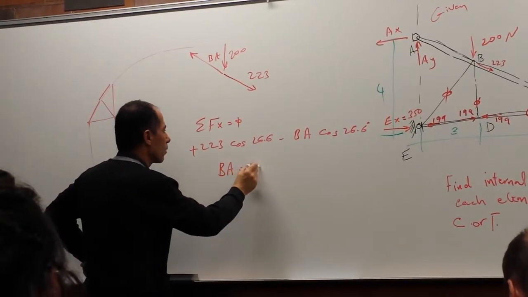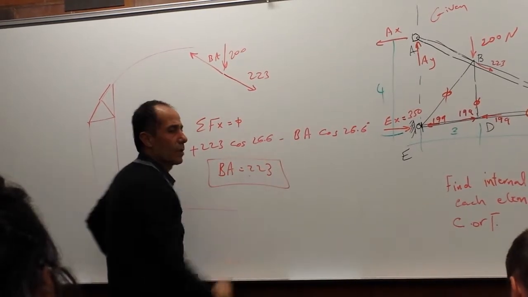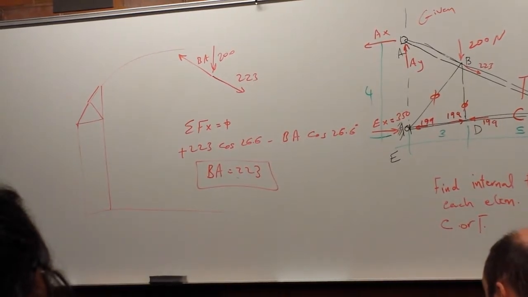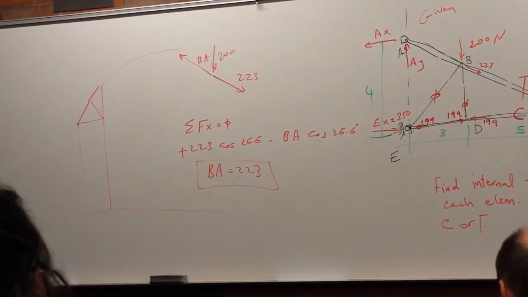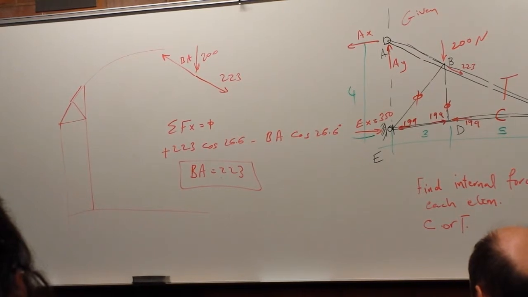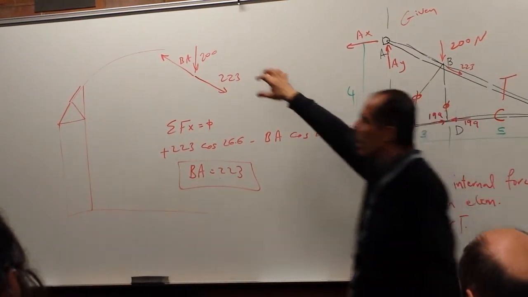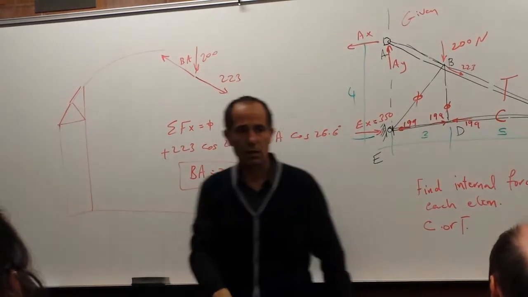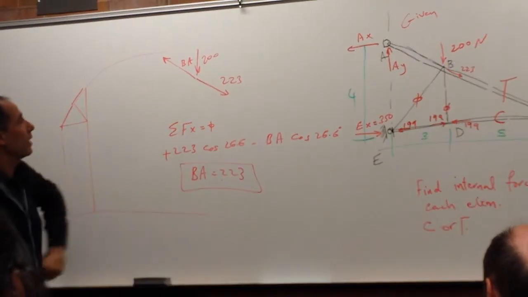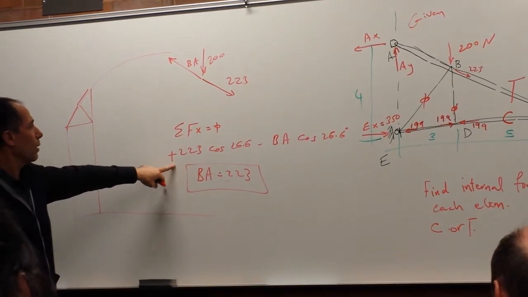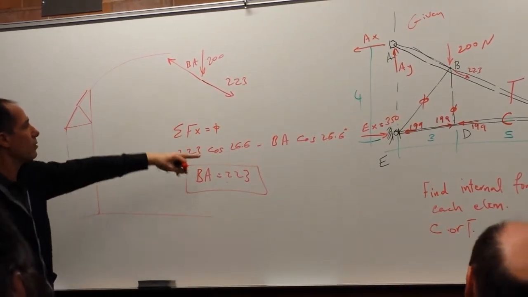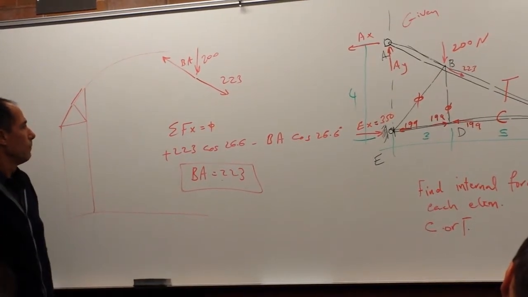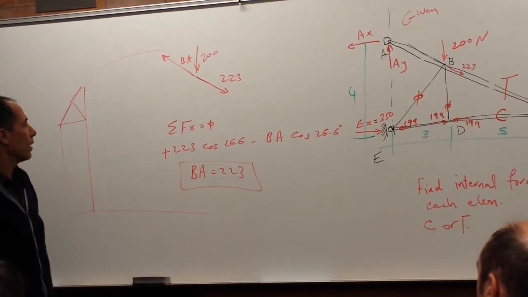The 200 is vertical, straight down, so it has nothing to do with X. So 223 cosine of 26, BA cosine of 26. Both of them are on alpha. BA is 223.